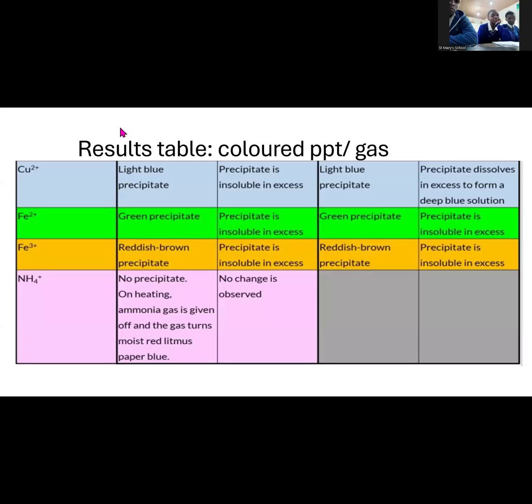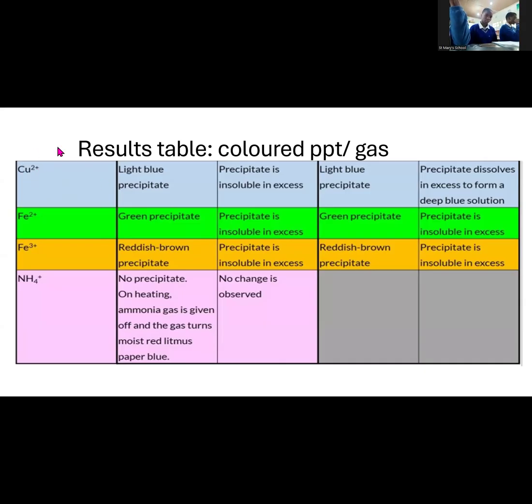Okay. Now, sometimes we get colored precipitates. As we saw in the little test tubes which I showed you, sometimes we get colors or sometimes we get gases. And we saw them, and here are the results. And they are much easier to remember than the other ones because they are colored.